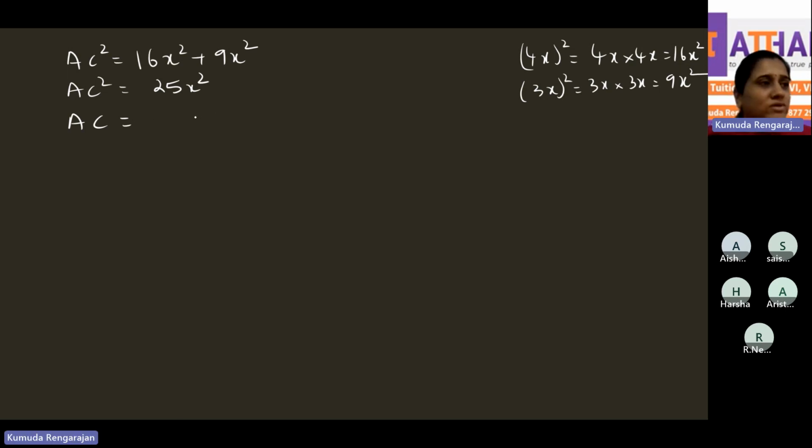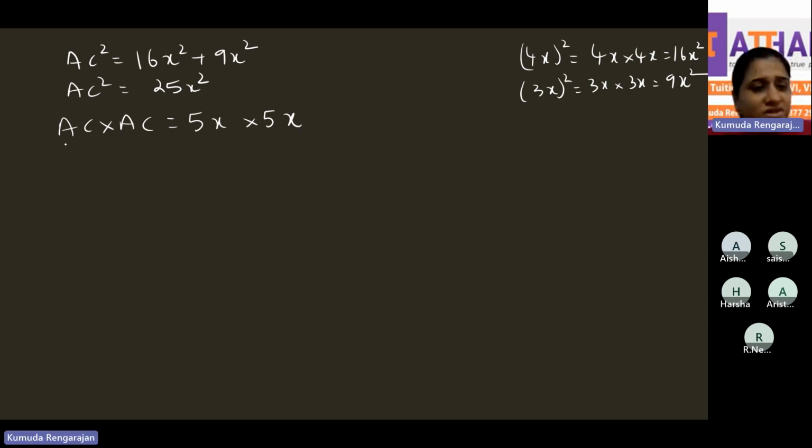Have you learned squares and square roots last year? No, then you don't write it like that. Then you must write AC square is AC into AC. And the other way of writing 25x square is 5x into 5x, because 5 into 5 is 25 and x into x is x square.